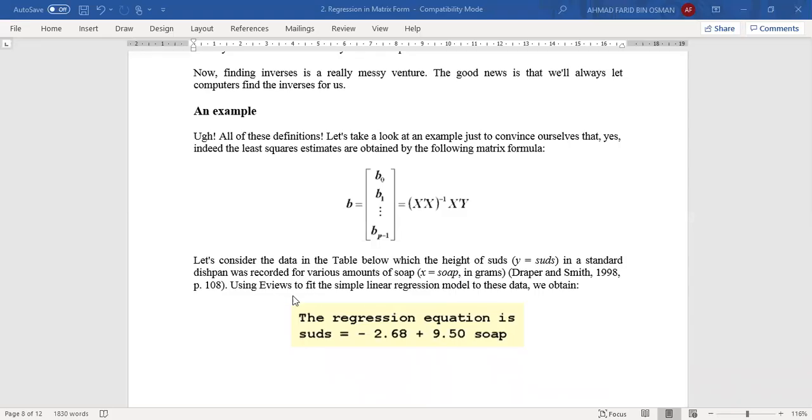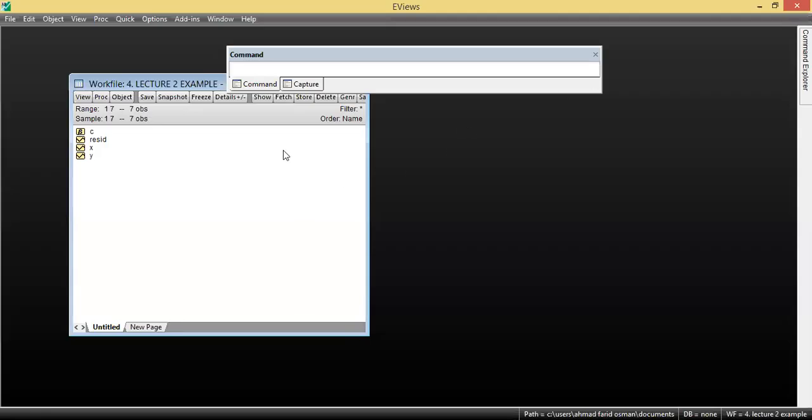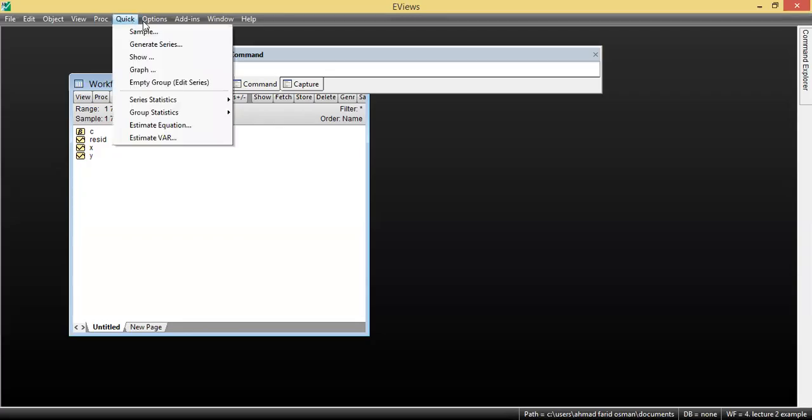Okay, so using EViews to fit the simple linear regression model to this data, we obtain this. If you open the data given in the EViews file, we have the y and x as defined in the notes. To estimate in EViews, you just go to Quick, Estimate Equation.